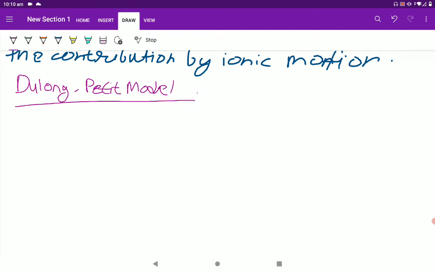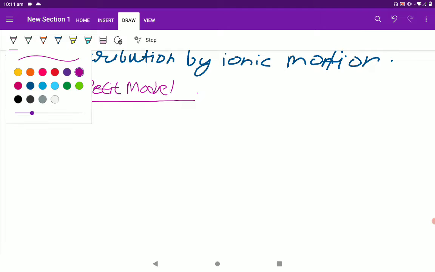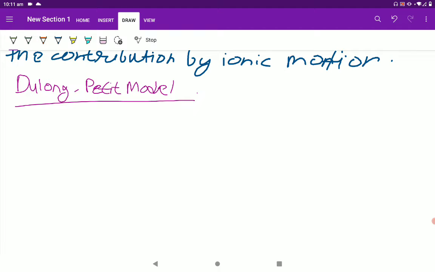Now let's dive into the Dulong-Petit model. We have to take a model of the crystal where we have ions in this fashion.